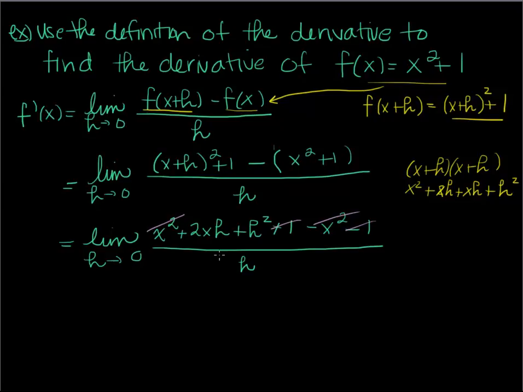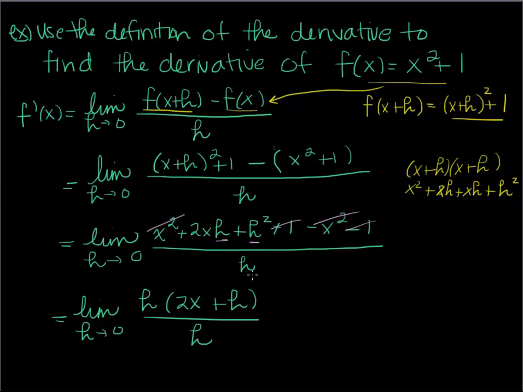Notice how I cannot take the limit yet because I have an h in the denominator. Okay, but what do you notice each term has left in it? Has an h. So the key to these is if you do these correctly, well, you can make a lot of mistakes and still think you're doing it correctly, but for sure one thing that has to happen is everything that's left must have an h in it.